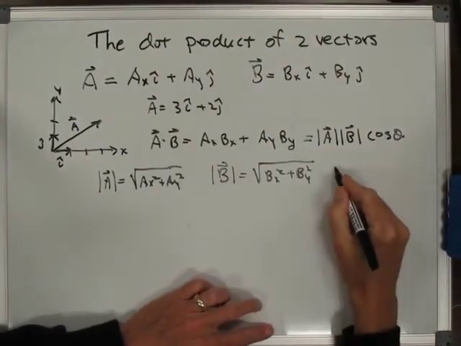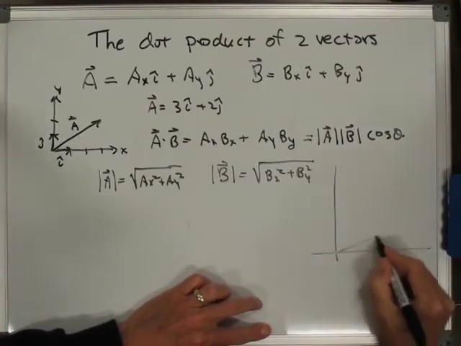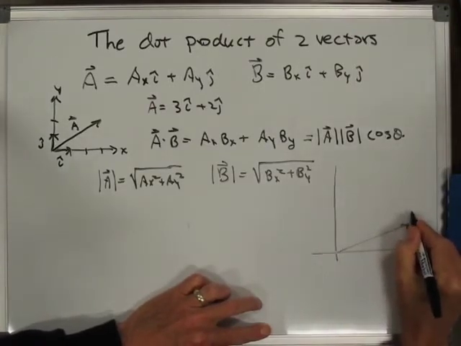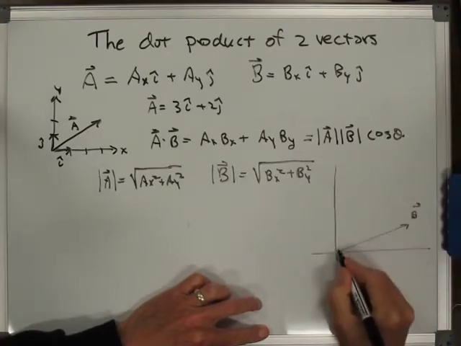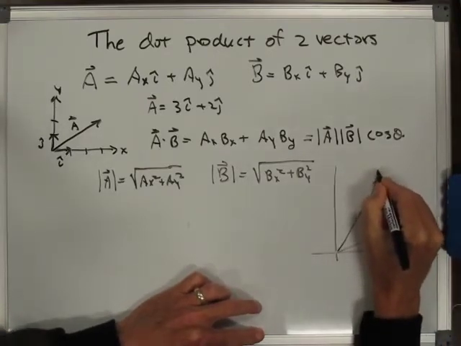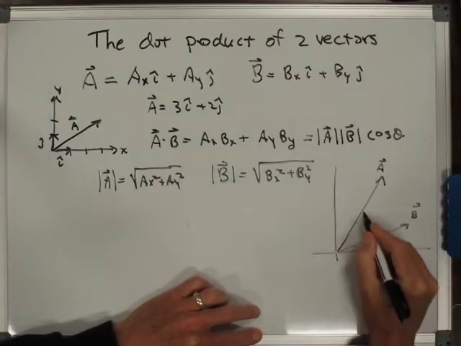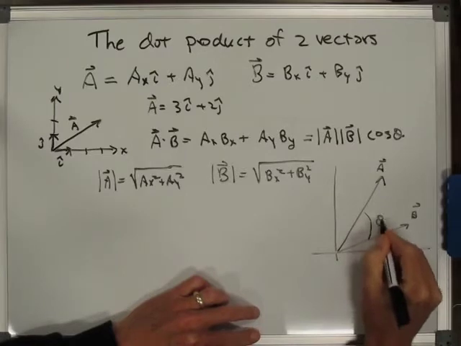So let's say I have two vectors, right? I'll just put them in the first quadrant for the sake of argument. So this is B, and this one is A. And so this is the thing we're calling theta here, right?